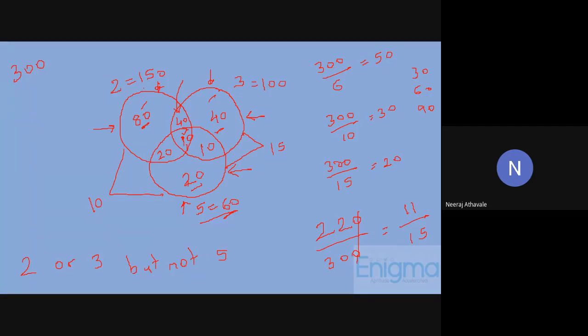You have added 150 plus 100. That would be wrong. The correct answer will be 160. Now, why 160? Basically because the addition would be of 80, this 40, and this 40. So the answer would be 160. Now if this 'but not 5' was not there, what would the answer be?